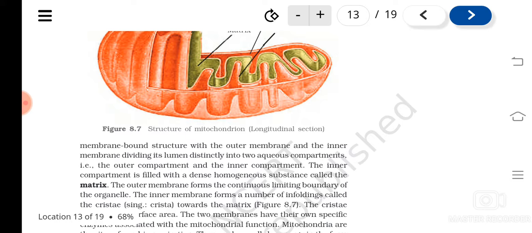This divides the cavity inside it into two specific compartments, the outer compartment and the inner compartment. The inner compartment forms the matrix, and the outer membrane forms the continuous limiting boundary for this organelle.